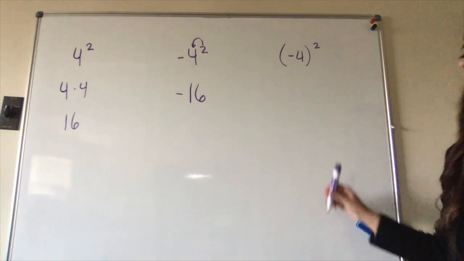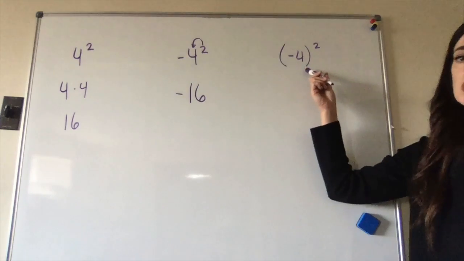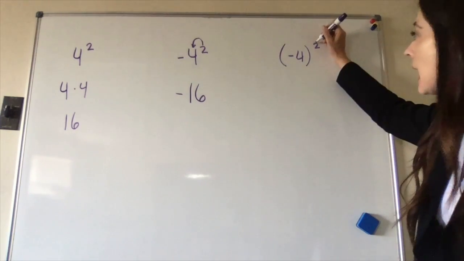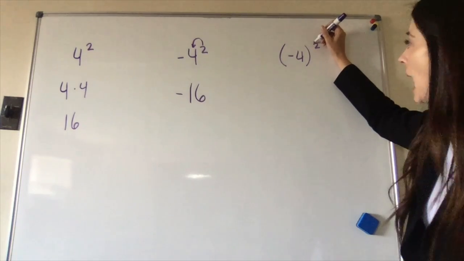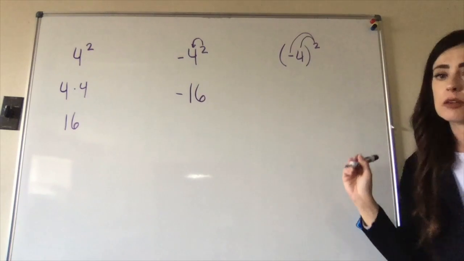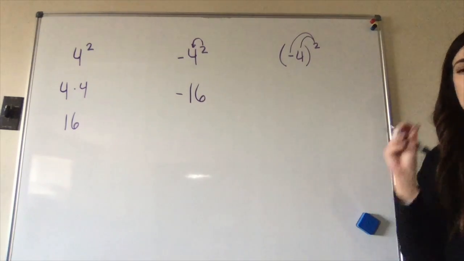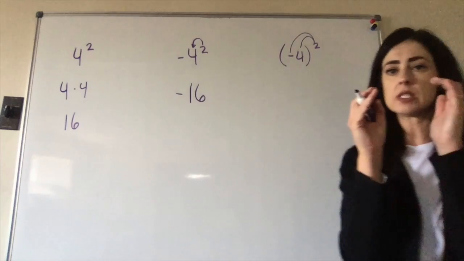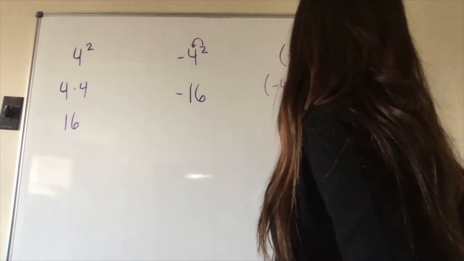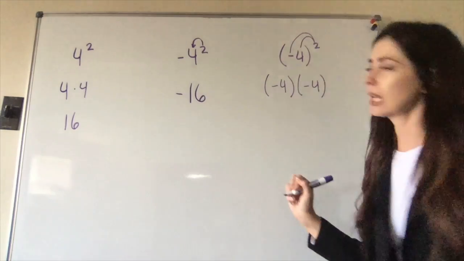The third thing that we're going to encounter is negative 4 in parentheses squared. Now, when this happens, the exponent applies to both the number and the negative. Essentially what we're saying is that negative 4 is one term that's being held together. So this really means negative 4 times negative 4.